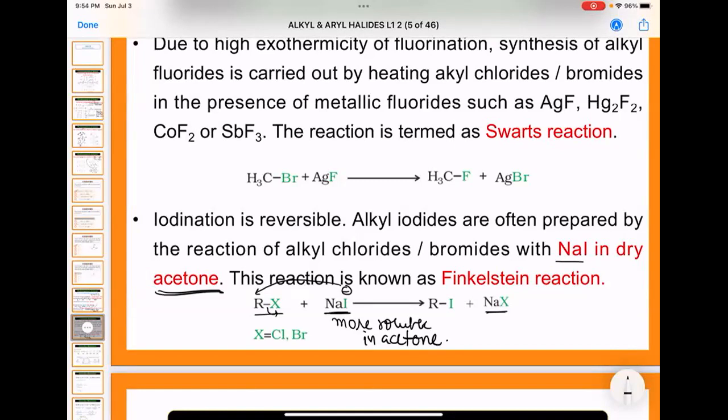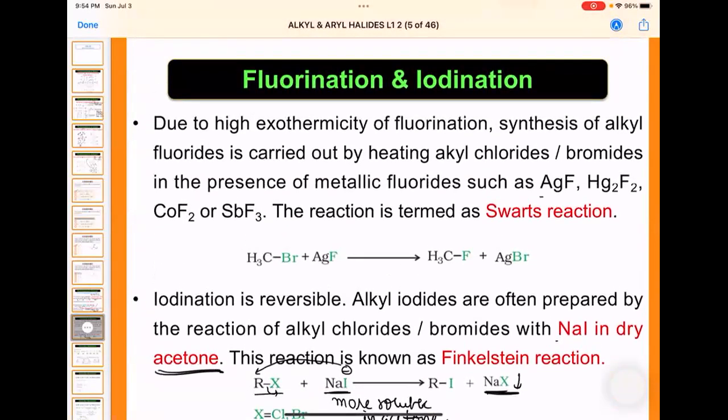And if it is more ionic, it is going to be insoluble in acetone, which is an organic compound. Who can get soluble and who cannot depends upon, in simple words, like dissolves like. Okay. So actually the equilibrium is pushed in the forward direction, because whatever NaCl, NaBr are forming, they are getting precipitated. Is it clear?